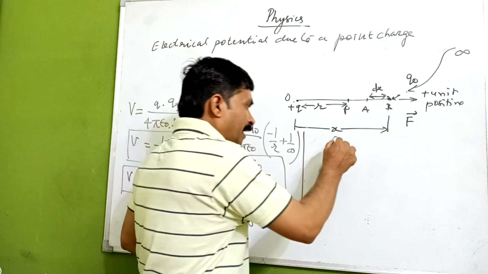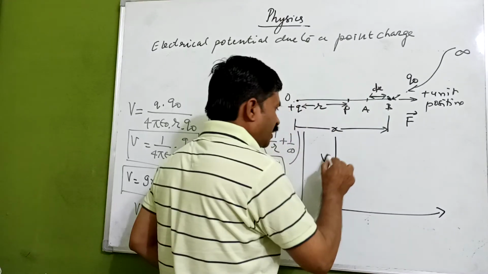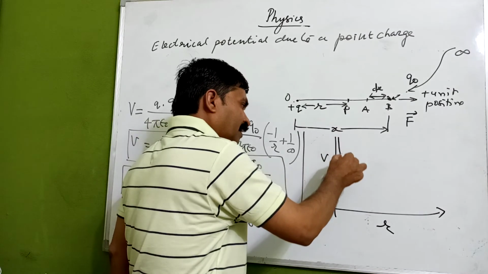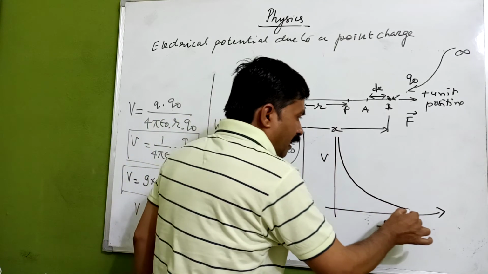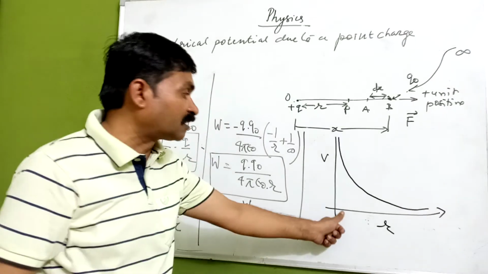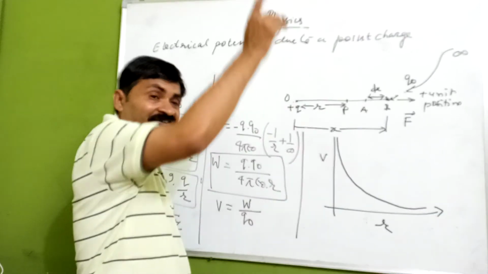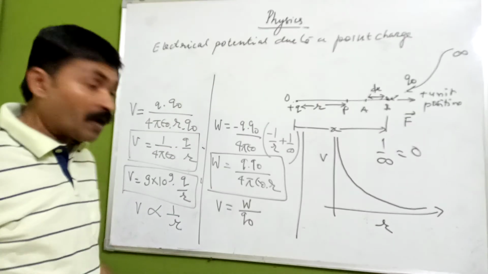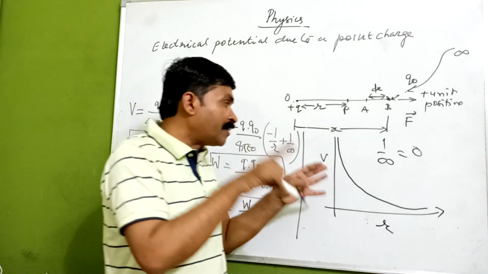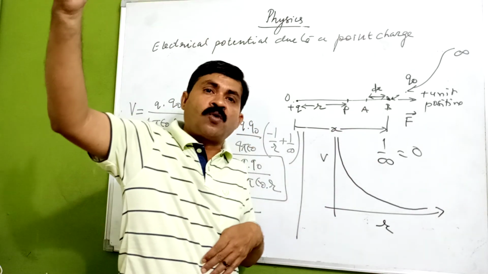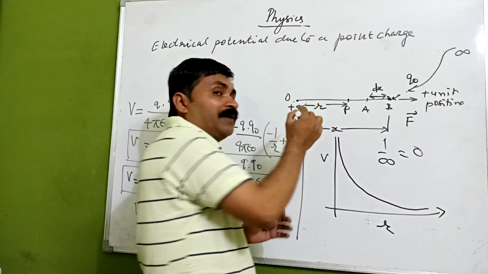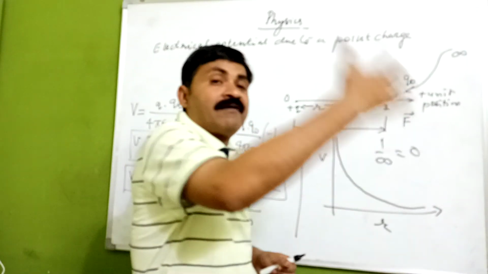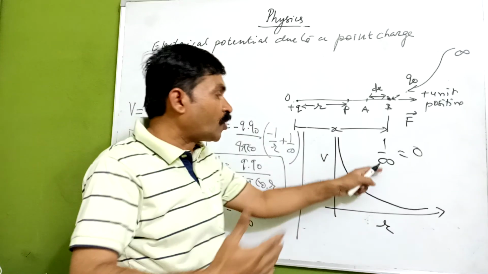If we get a relationship between V and r, at 0 it is going to be infinity, and as r increases up to infinity, the electric potential is going to be 0, because 1 upon infinity is equal to 0. So the electric potential is zero at infinity, and it will be more near the charge. As we move away from the charge, it is going to decrease.